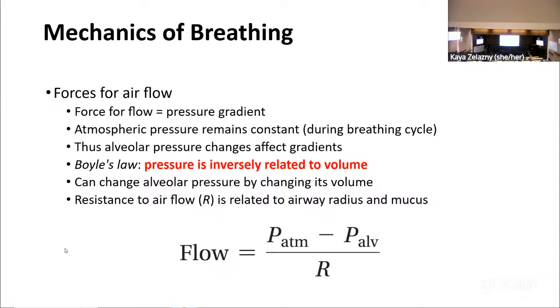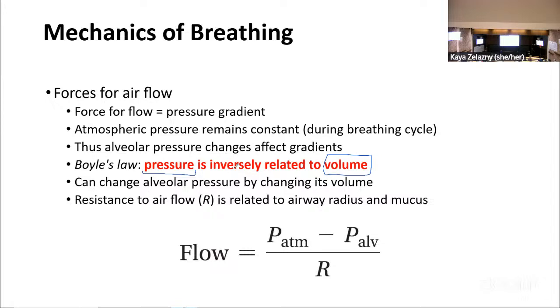That transpulmonary pressure allows the lung to follow along with the chest wall. And when we change the size of a container, when we change its volume, we're going to see a relationship of the volume of a container to the pressure inside that container.